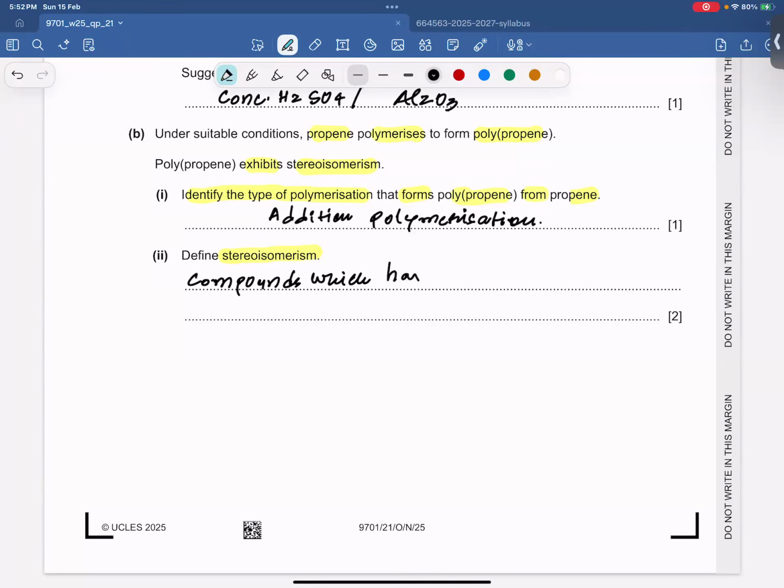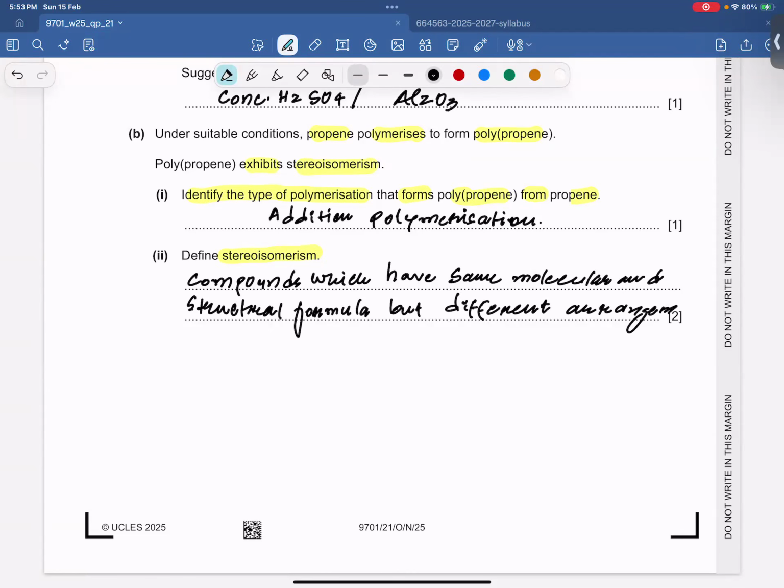Compounds which have the same molecular formula and structural formula, but different arrangement of atoms in space.